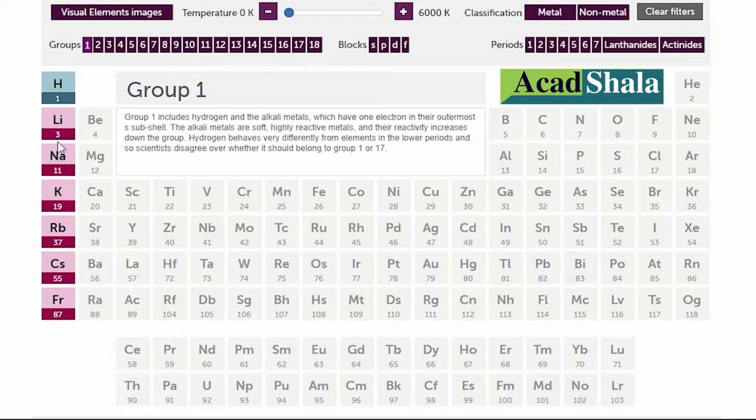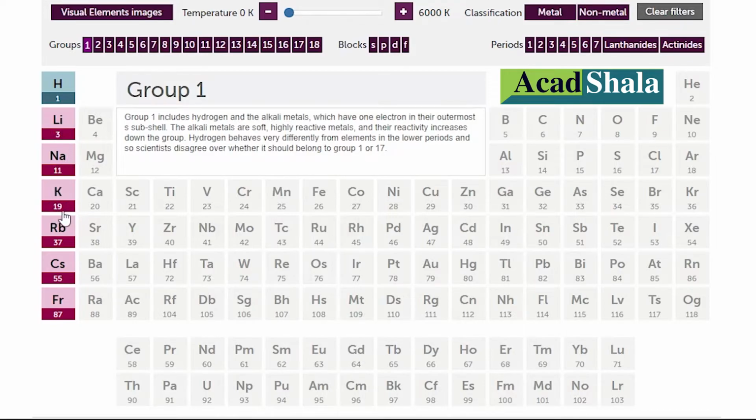Let us check over here in group number 1. The atomic numbers are 1, 3, 11, and 19, and so on. For lithium, sodium and potassium, 3, 11, and 19.